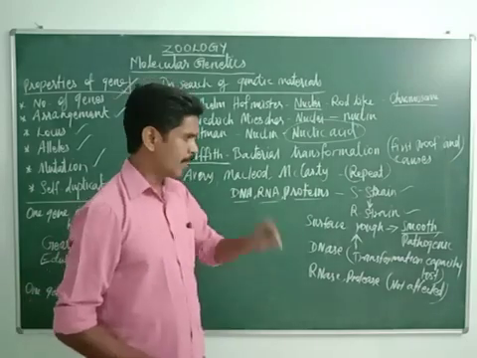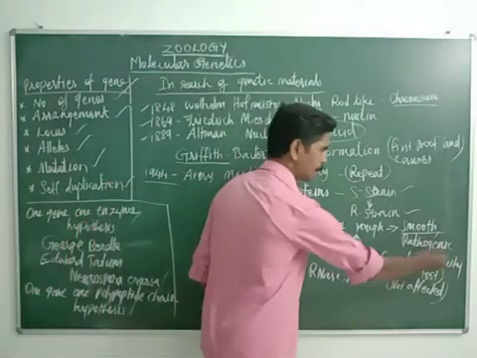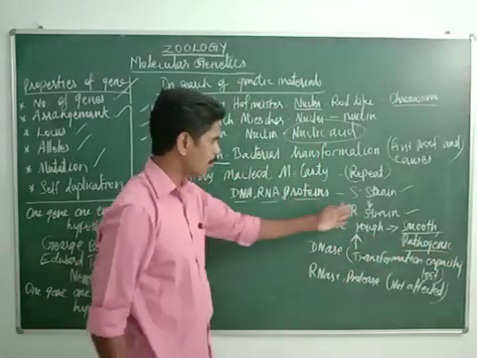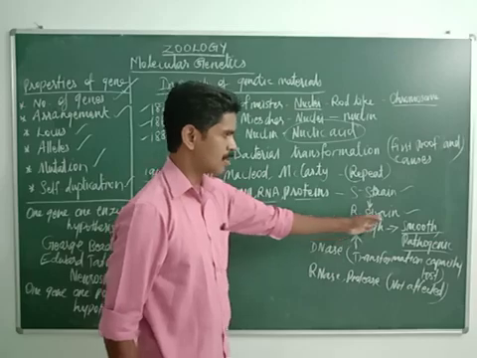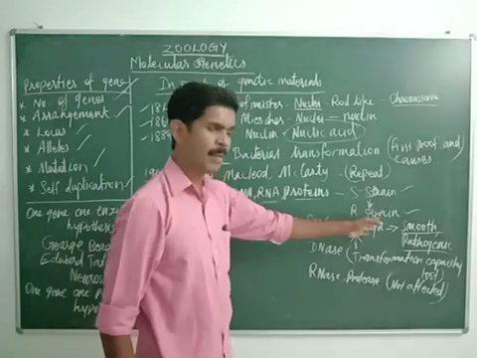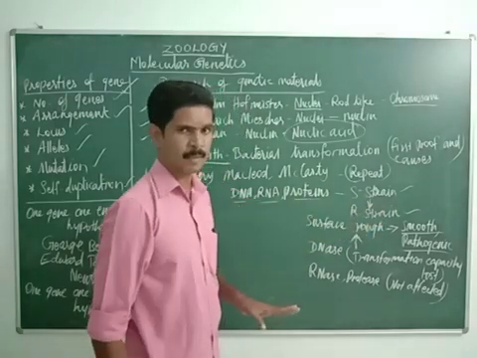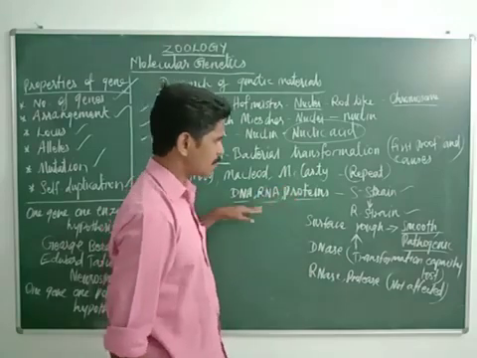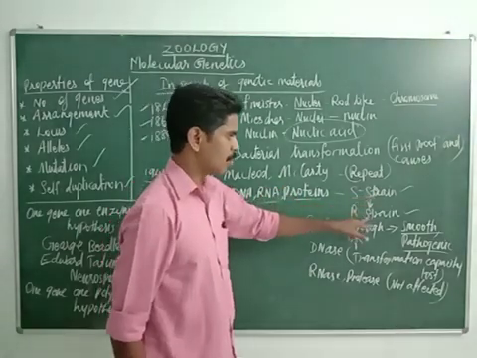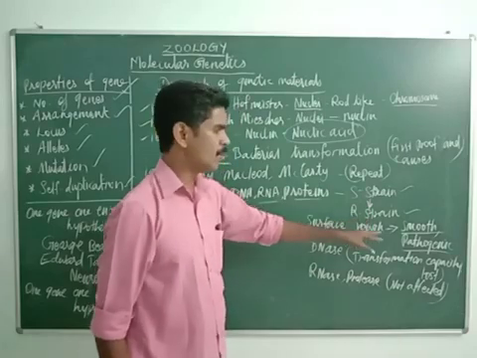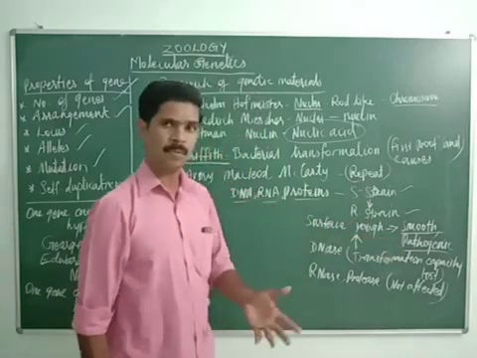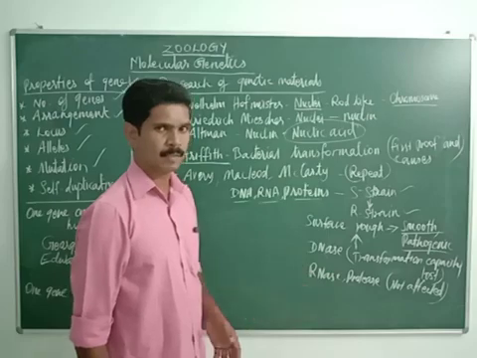Before adding the substance of the S-strain bacteria, the R-strain bacteria was not pathogenic. After adding it, the R-strain bacteria was converted into a pathogenic bacteria. Pathogenic means disease causing or dangerous bacteria.